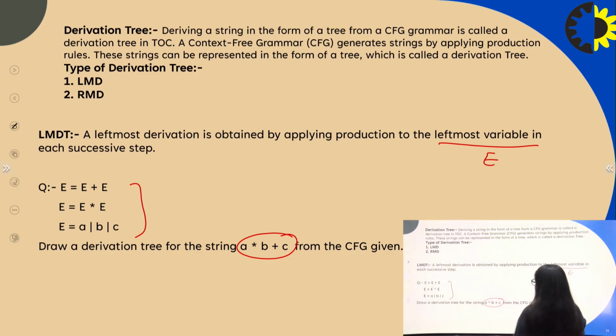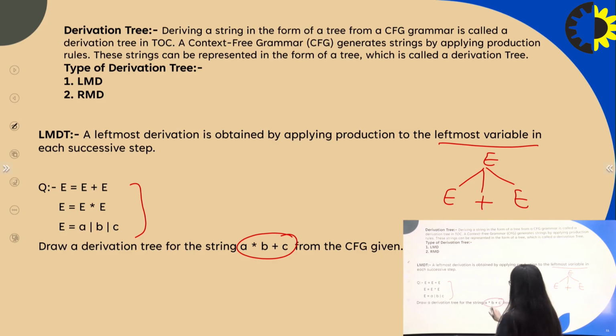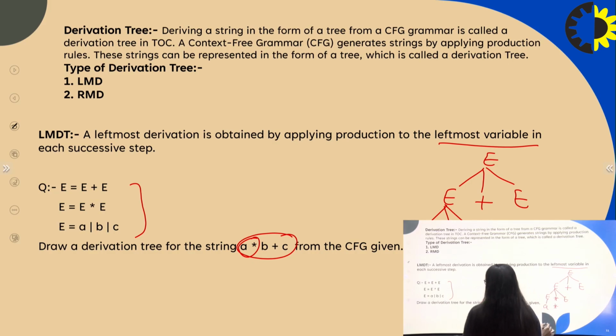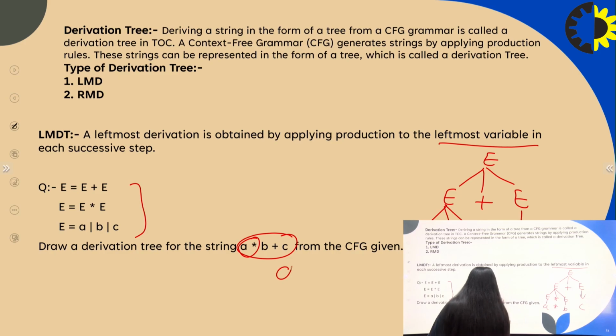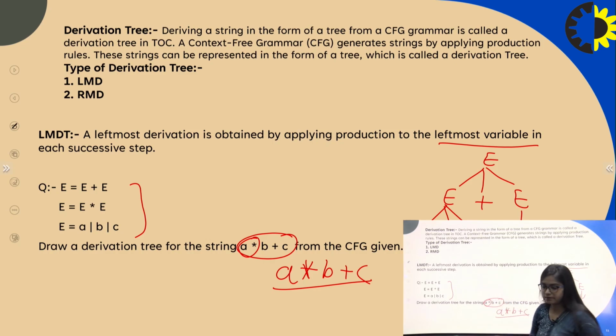So start the production: E is replaced by E plus E. Next we want a into, then this E is replaced by E into E. E is replaced by a. Then for the into symbol, E is replaced by b, and this E is replaced by c. Then we generate a into b plus c from the left side.